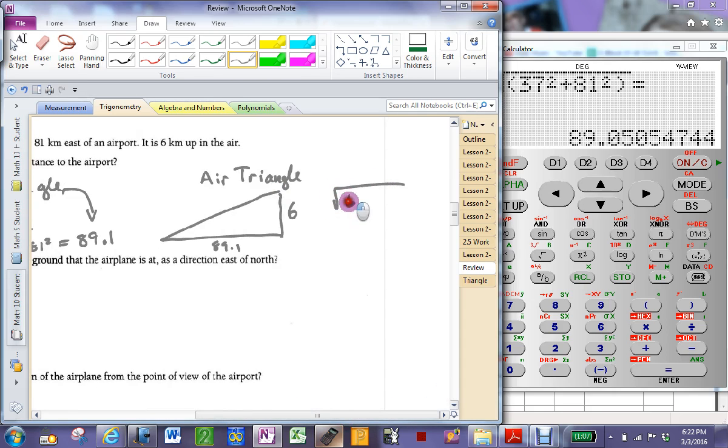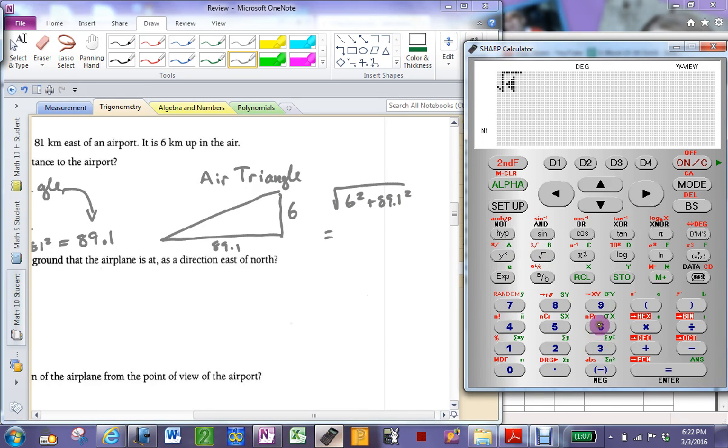The square root of 6 squared plus 89.1 squared, close brackets, equals 89.3.